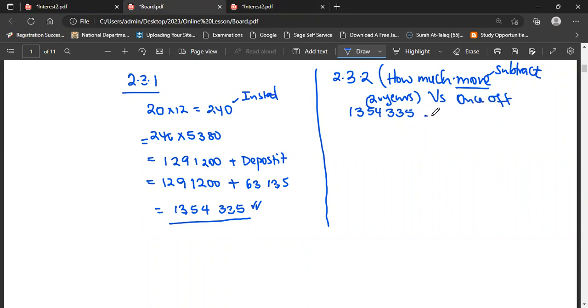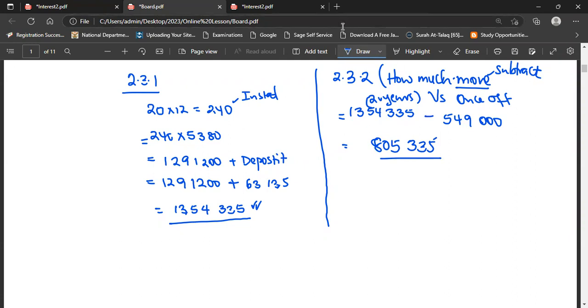So we subtract the two. The money you were supposed to pay is 549,000. When you subtract the two, how much money is it? It's 805,335 rands. So this is how much more. Okay.